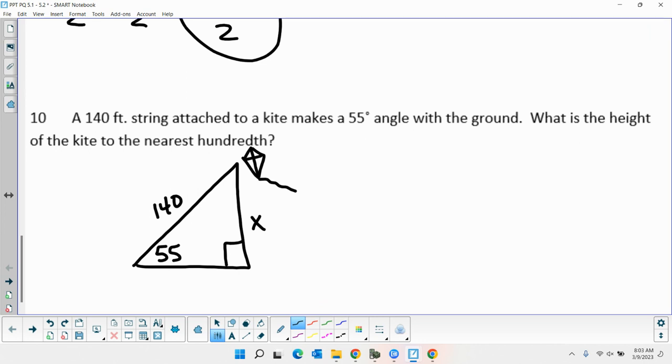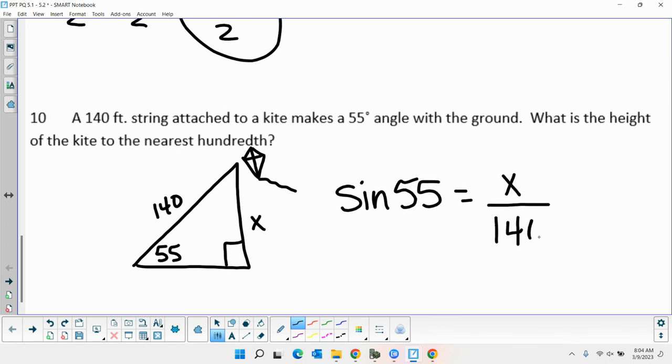Okay, so here's my angle. X is which side with respect to this angle? Opposite. The 140 is the hypotenuse. So that's sine, right? So we're going to do sine of 55 equals opposite over hypotenuse.